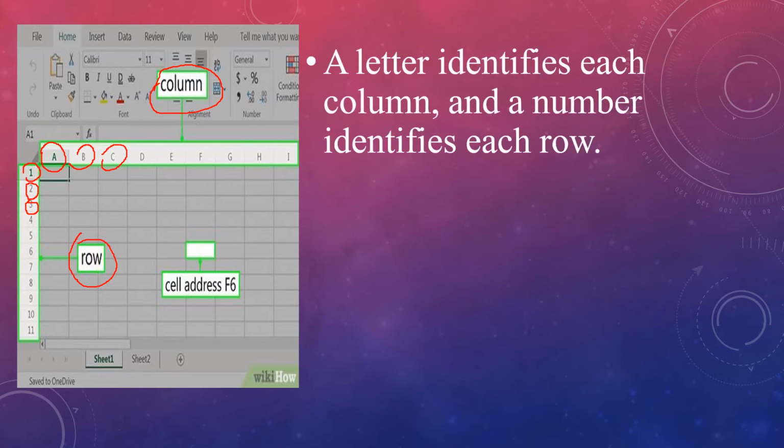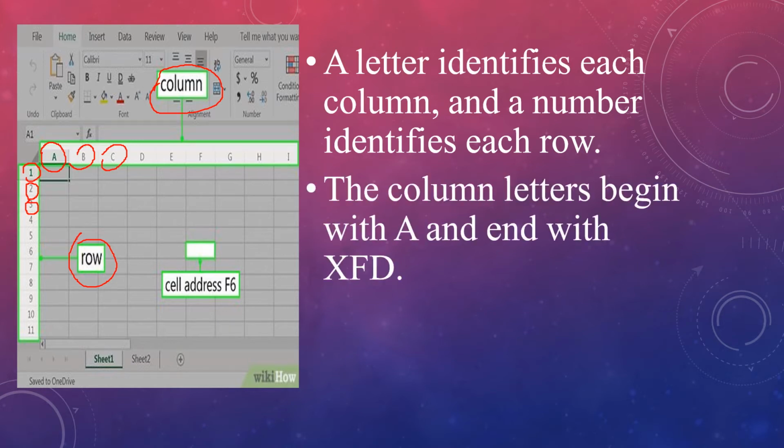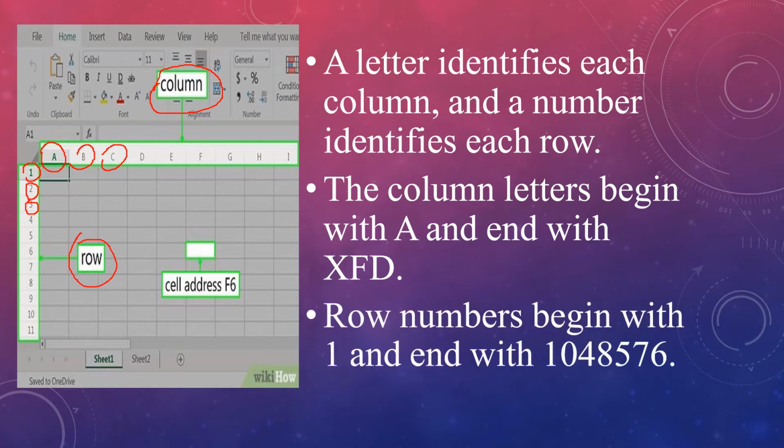So, children, a letter identifies each column and a number identifies each row. The column letters begin with A and end with XFD. The row numbers begin with 1 and end with 10,48,576.